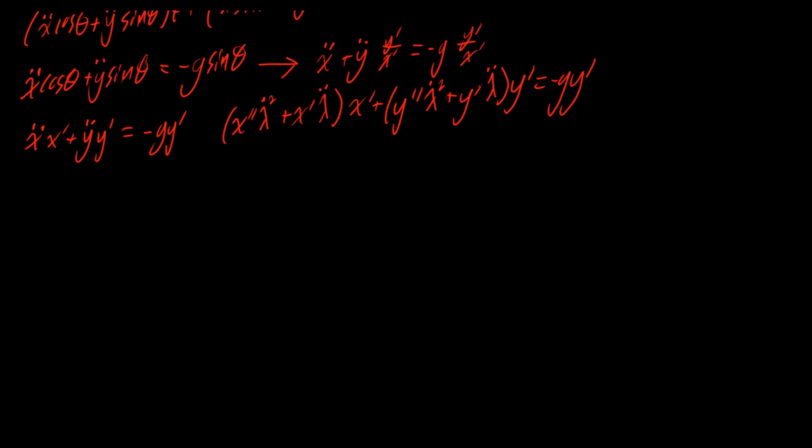So we're going to group the lambda double dots. What this is going to get us is x prime squared plus y prime squared, lambda double dots, and then we're going to group the squares, the lambda dot squares. This is going to get us x double prime x prime plus y double prime y prime.